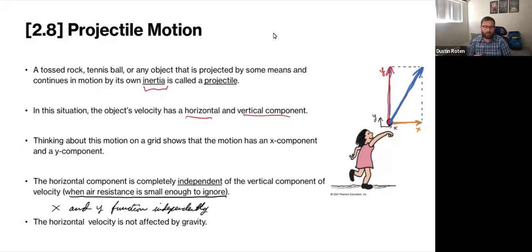So it's important to note that the horizontal velocity, the x, the orange direction, is not affected by gravity. Okay, so it's going to stay the same. Gravity is not eating away at its velocity. Gravity is not adding to its velocity. It's just going to move from one side to the other, same speed, if you ignore air resistance.